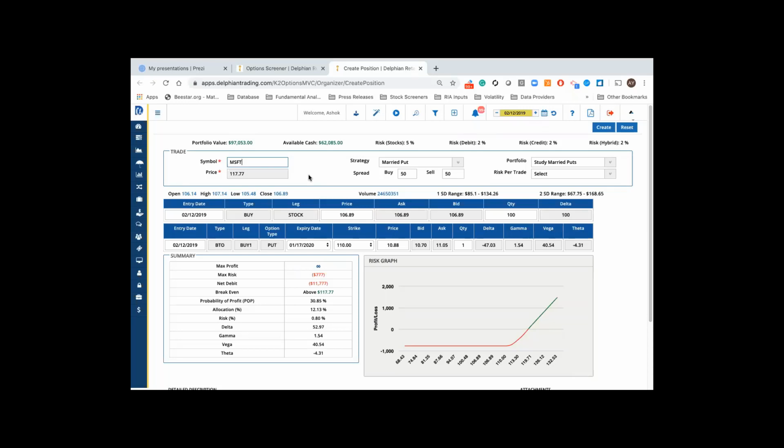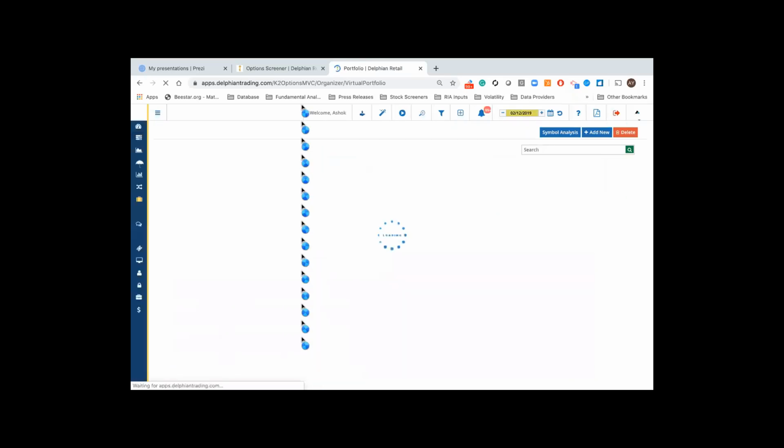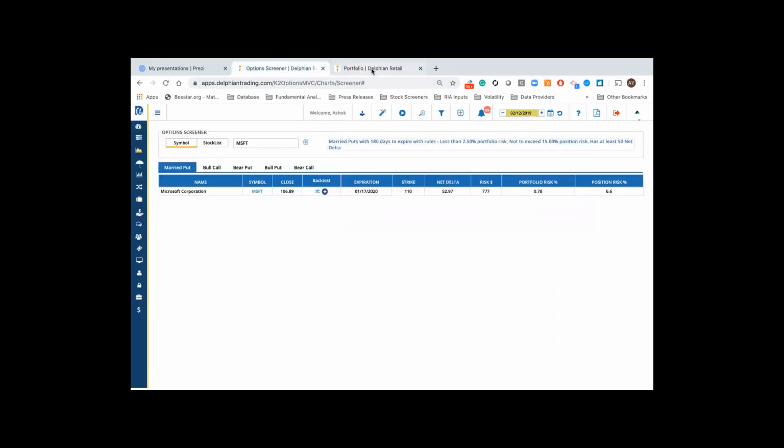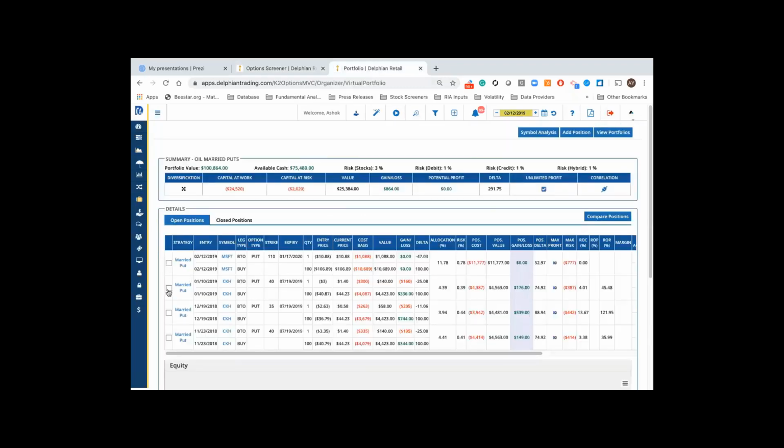I should have bought it at 283. So here I'm buying this. Okay, I placed it in my paper trading portfolio on 2/12/2019. At the same time, let me get rid of these.